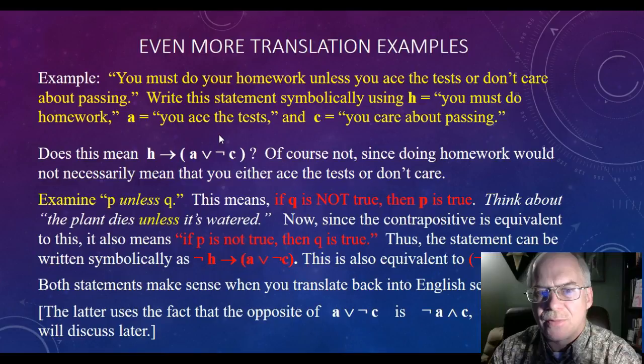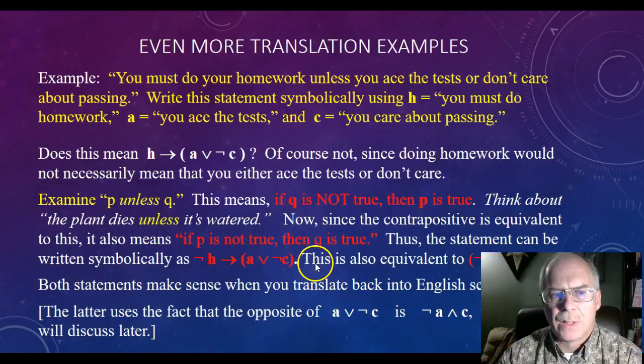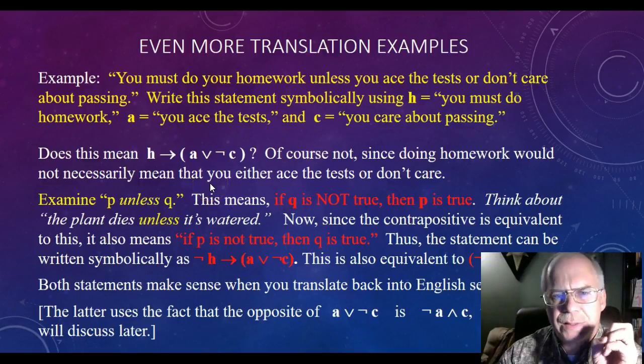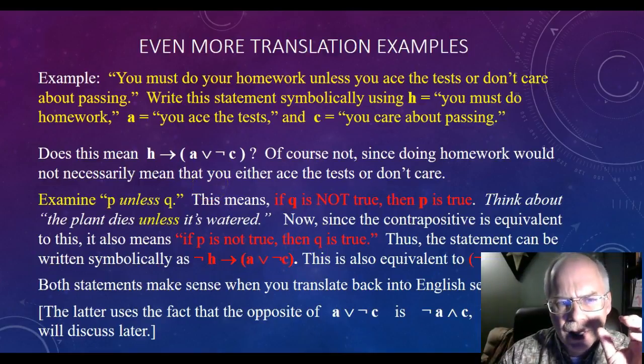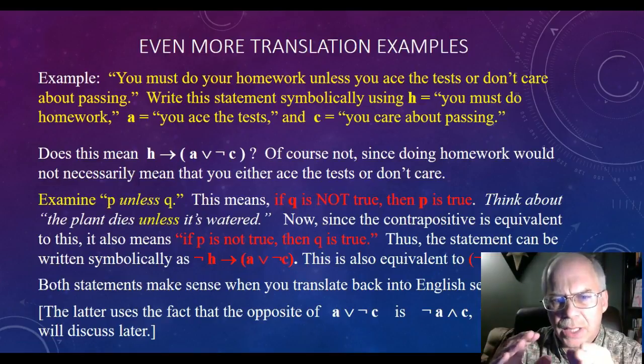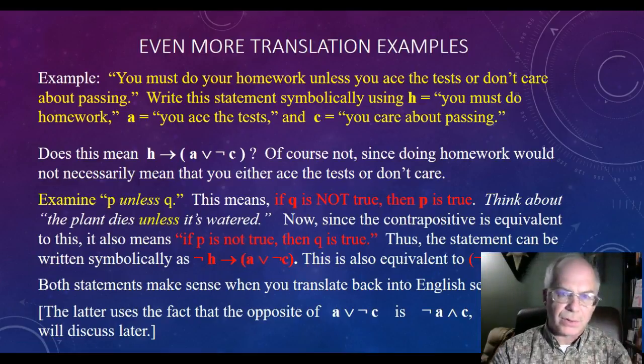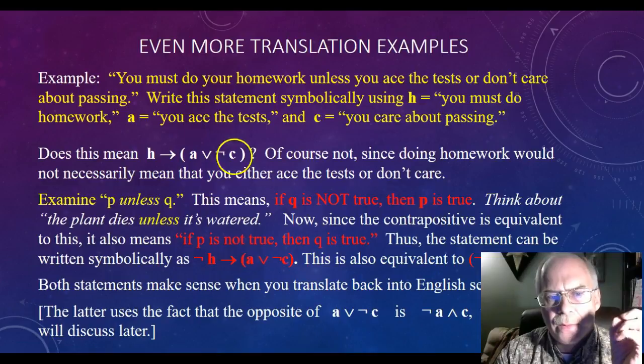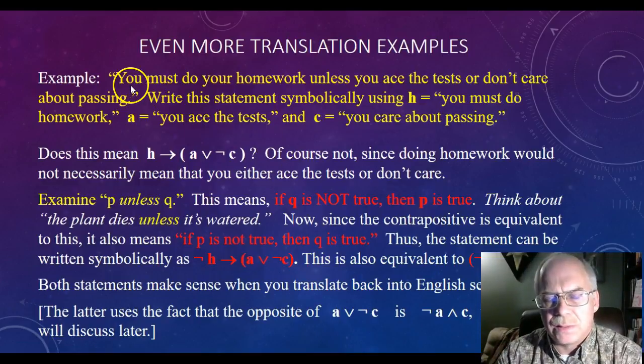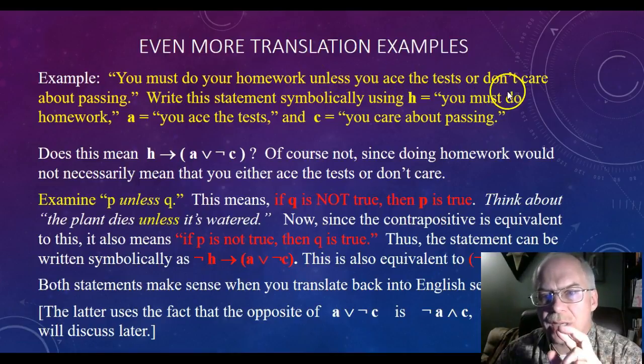Okay, so what I do on some of these situations is I first postulate on what does this mean? And I might have it wrong, and so I have to rethink it and turn it around. Now, this statement is tied together. You must do your homework unless you ace the test or don't care about passing.